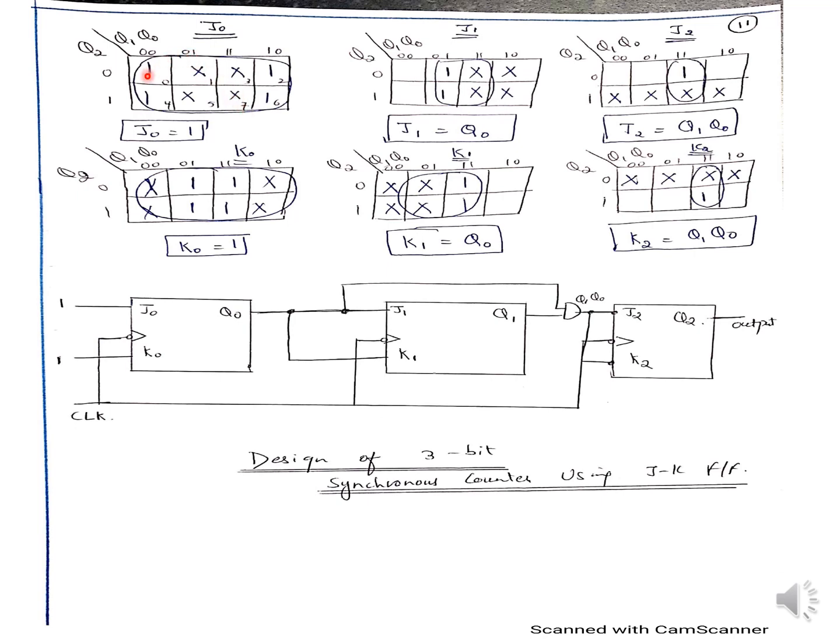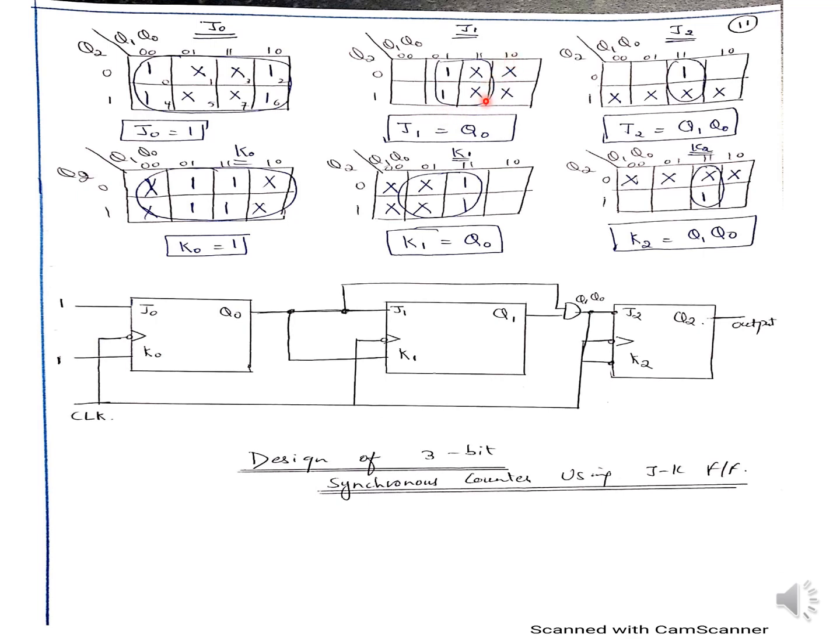Okay, so this is the filling pattern of J0. We will pair all these together, so J0 will be 1, as there is no common thing. For J1, we have paired these 4s because we cannot pair 6 together. We can pair 4, 2, 8 like this combination.